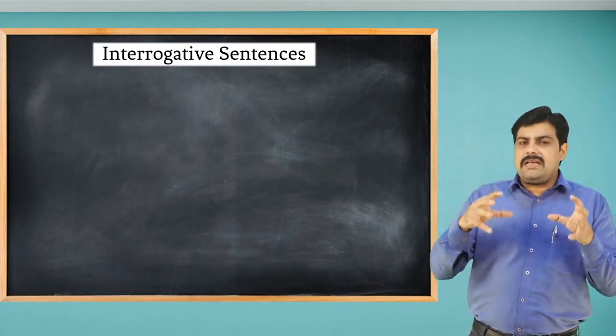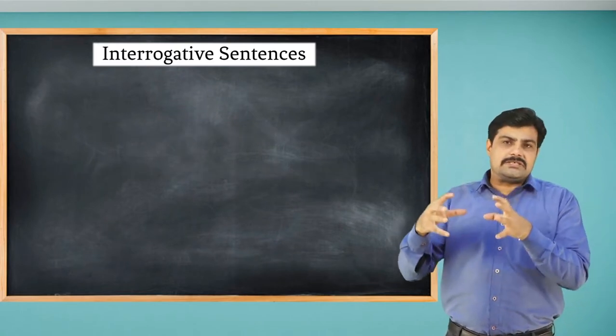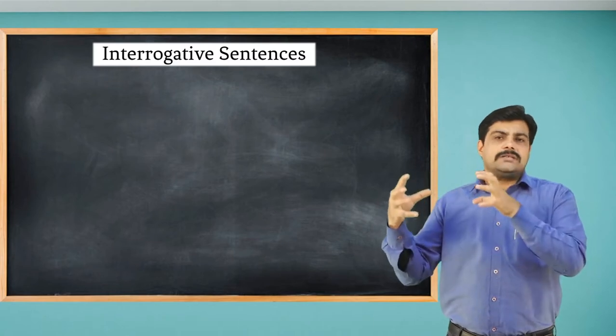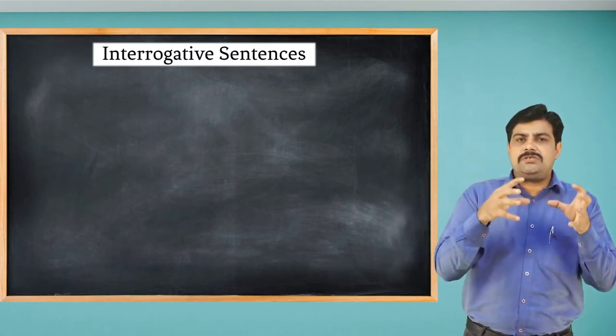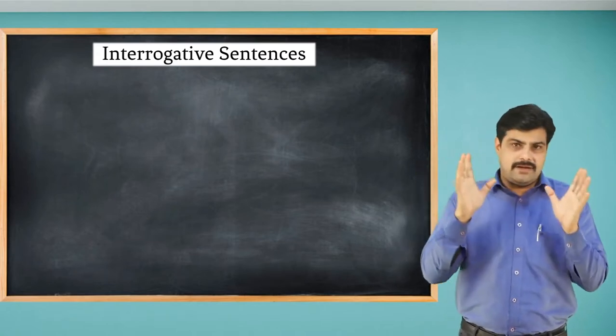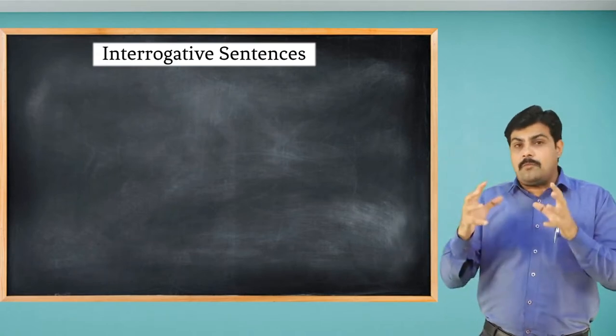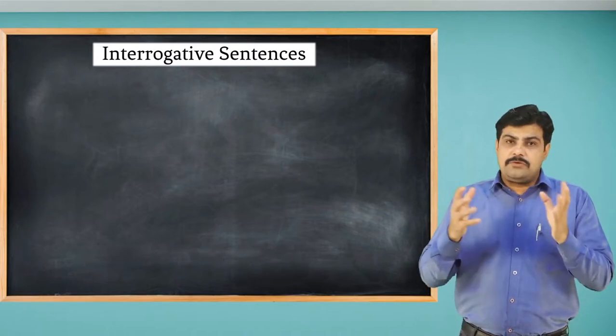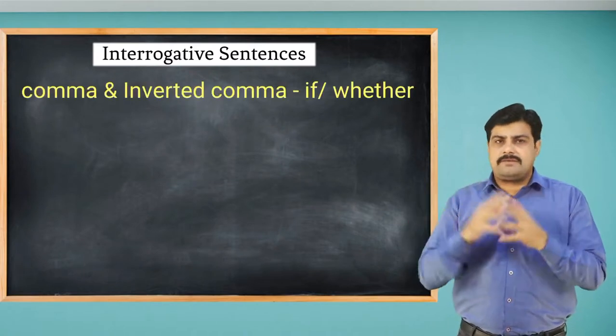The first category of interrogative sentences, beginning with an auxiliary verb, are changed into indirect speech by using the connectives if or whether. Remember, for comma and inverted comma, we use if or whether.